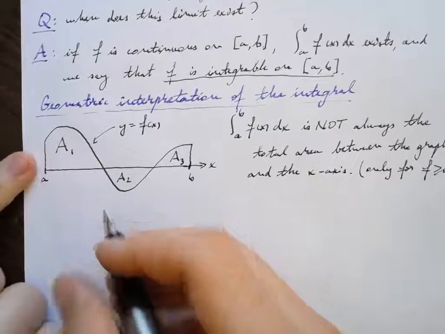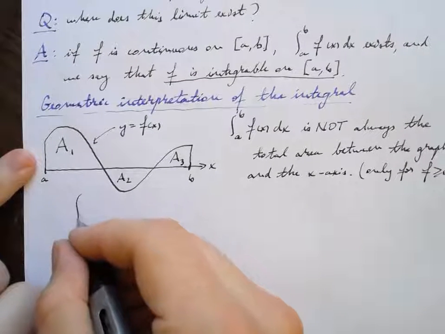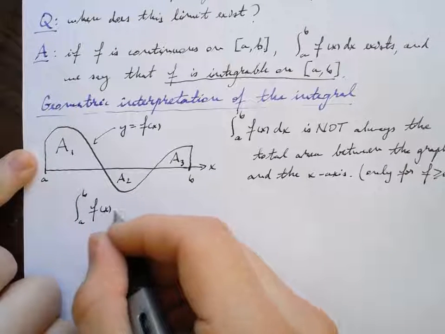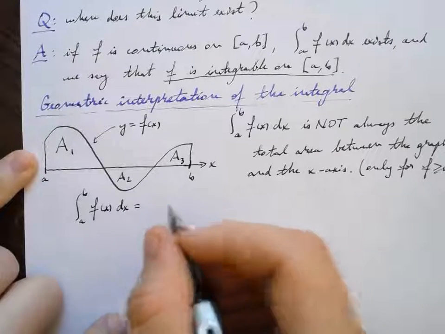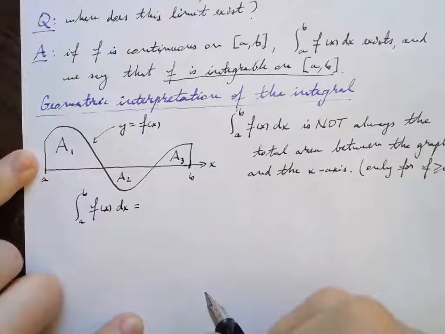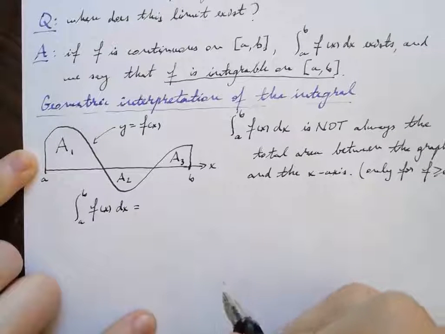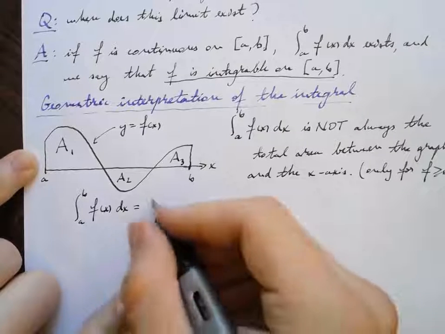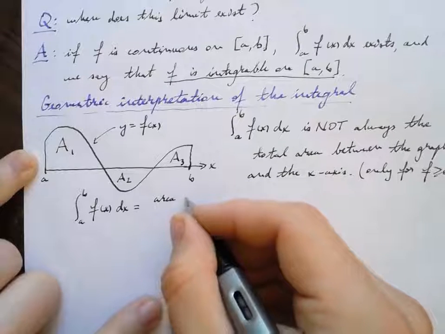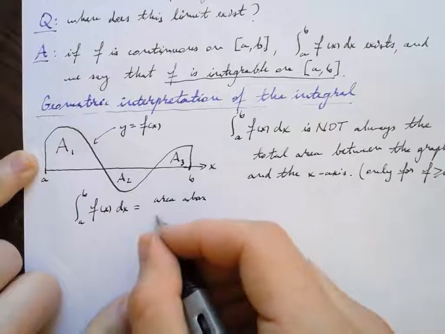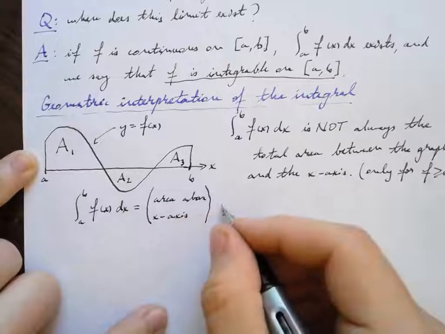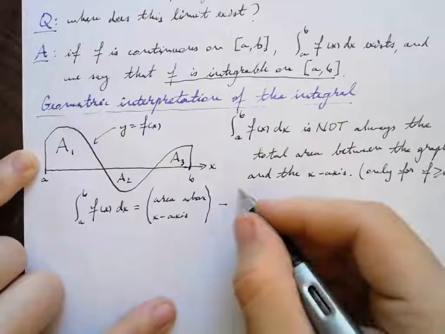What the actual integral means, so the integral from a to b of f of x dx, what this really means is the area above the x-axis, but then we subtract the area that lies below.